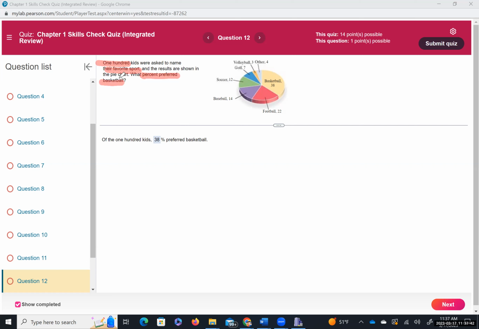For basketball here, it's 38. 38 kids like basketball, divided by how many kids I surveyed? 100, right? And I multiply by 100%, so it's going to be 38%. That is the reason why you got 38% here.